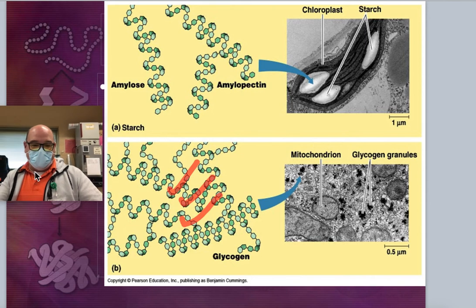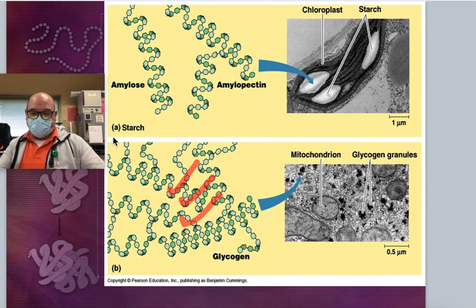Okay, so we have some examples of starch. So each one of these little tiny green shapes is a single sugar. And you chain these up, and then the chain makes a spiral. And just like DNA, we call that a helix. And the chains will form, sometimes they'll form side chains.